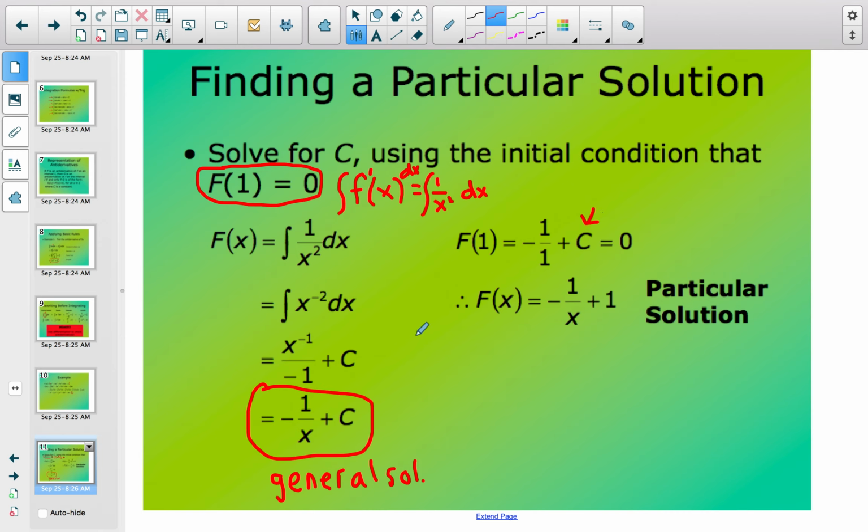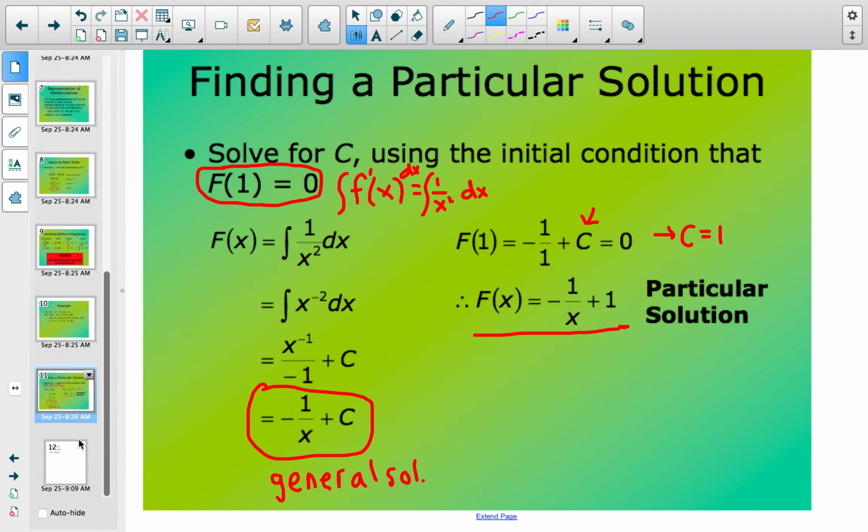We substitute a positive 1 in for x, and we get a negative 1 plus c is equal to 0, or c is equal to 1, and that means our particular solution is this guy right here. And we'll talk more about particular solutions and things like that when we get to differential equations in a little bit.